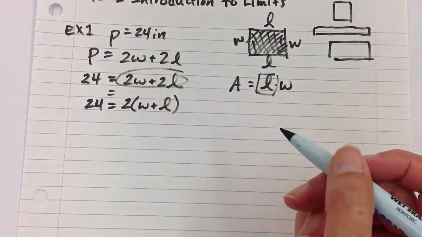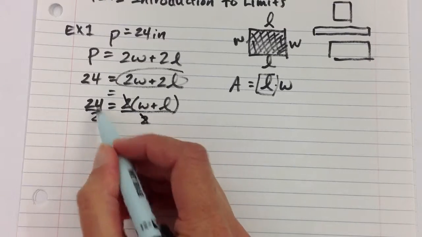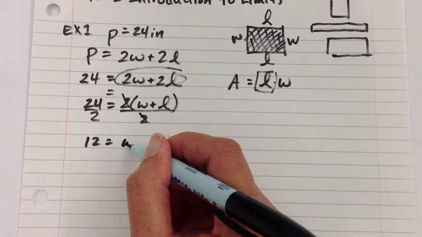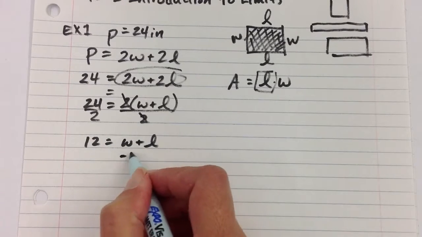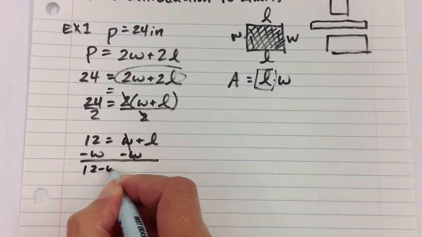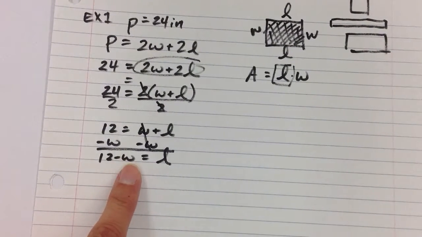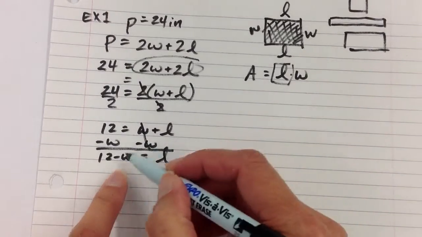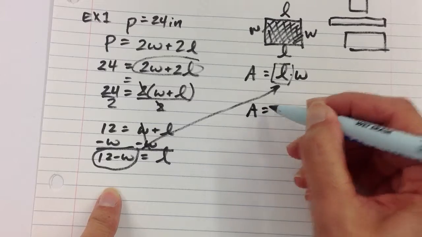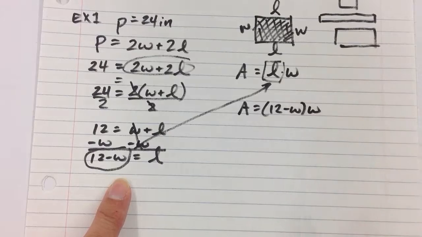And then just divide by 2 to get rid of that 2. 24 divided by 2 gives me 12 equals w plus L. And then subtract w from both sides, and you get 12 minus w equals L. So now that we solved for L, I'm going to plug this 12 minus w into my L right here. So my equation is the area equals 12 minus w times w.